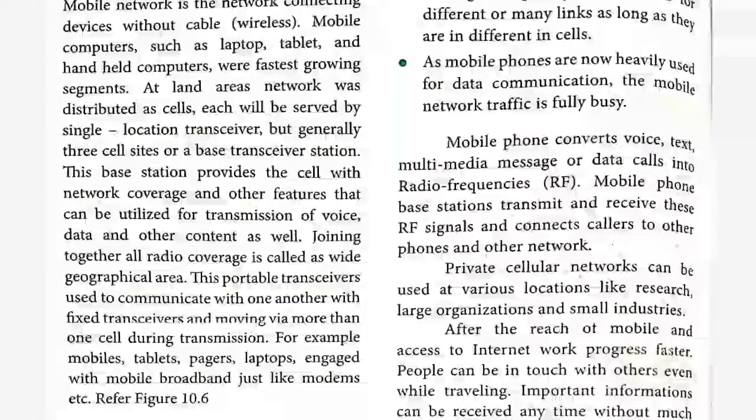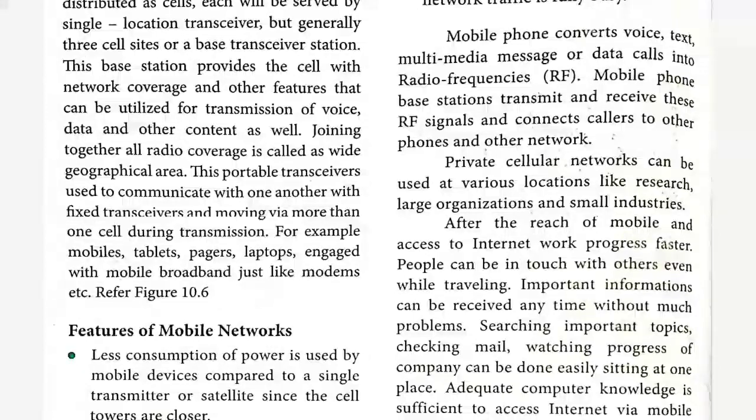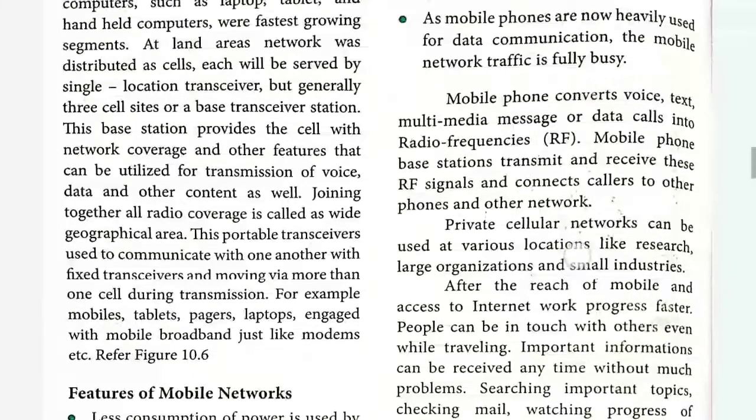A mobile phone converts voice, text, multimedia messages, or data calls into radio frequency. So everything we use on this mobile, like voice, WhatsApp messages, internet, will be converted into radio frequency, which is RF.